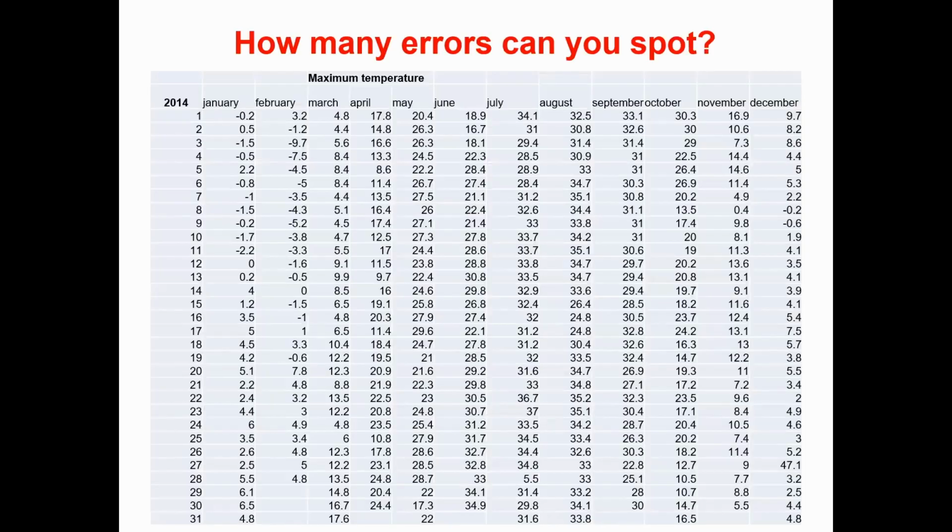Okay, now chance for you to look at a whole year's worth of temperature data. I'll give you 30 seconds. Can you quickly scan those data and tell me if there's anything in there that doesn't look quite right?